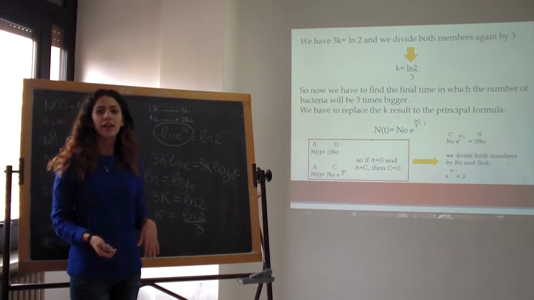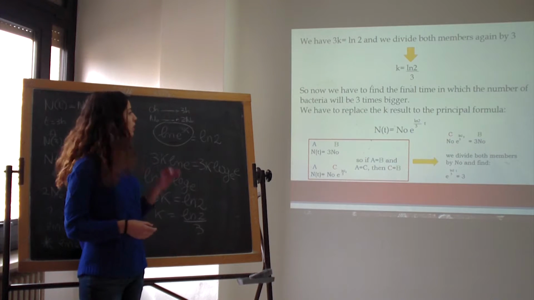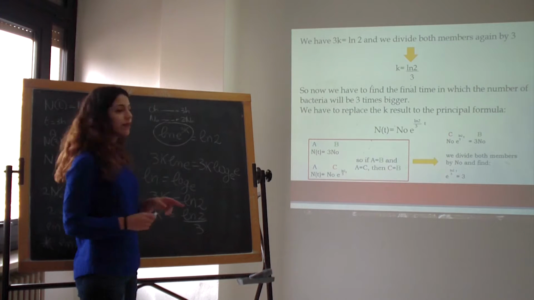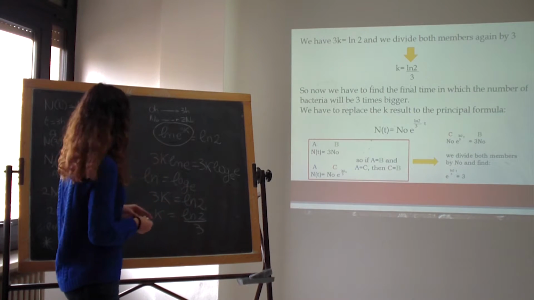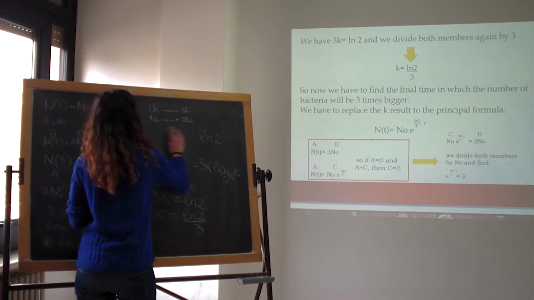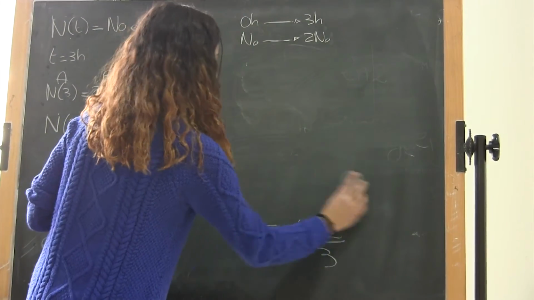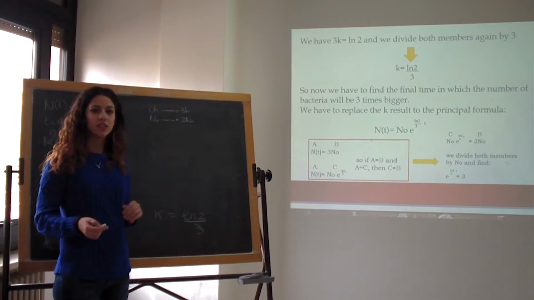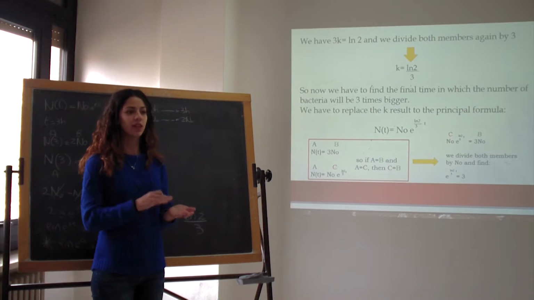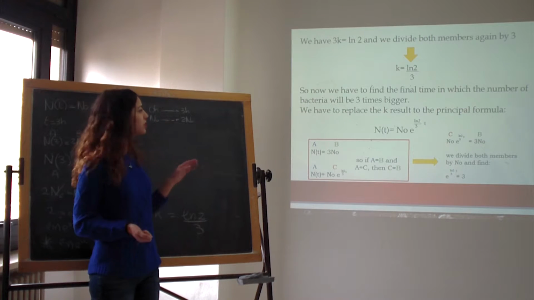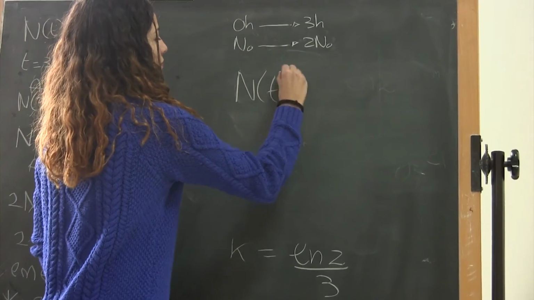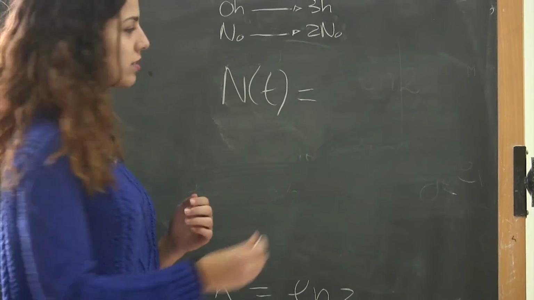And so I have only to find the time in which the number of bacteria will be 3 times bigger. So now I have to write 2 equations. The first is: I know that in a time that I don't know, the population will be 3 times bigger, so I can write that N of t is equal to 3 N naught.